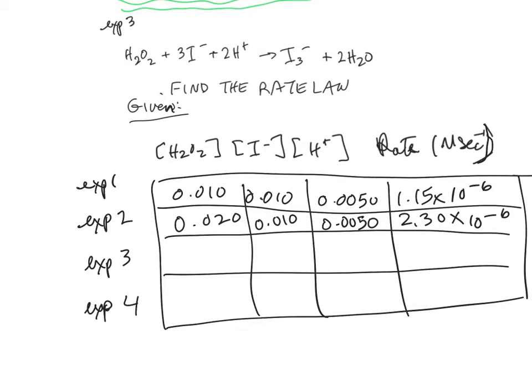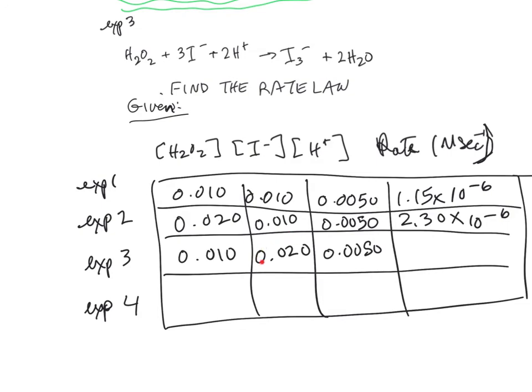All right, experiment 3, and this is where it gets a little tricky. We're going to take the peroxide back to what it was originally in experiment 1, and now we're going to double the concentration of iodide, 0.02, and then we're leaving the concentration of the H plus the same.